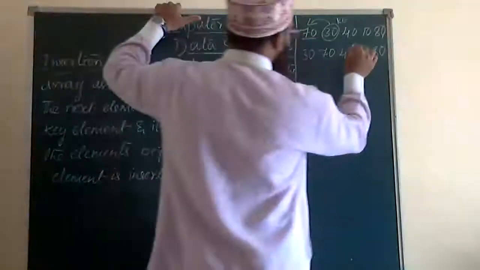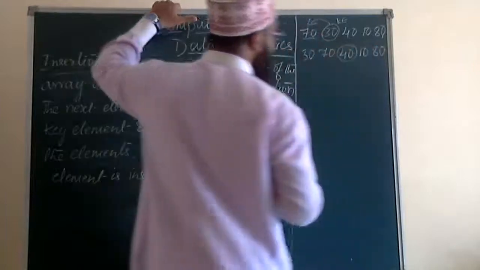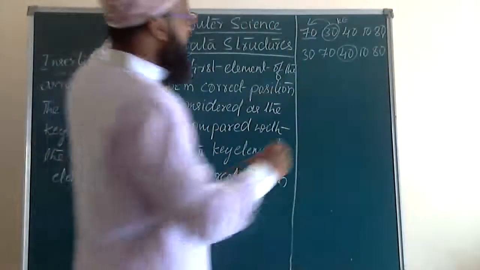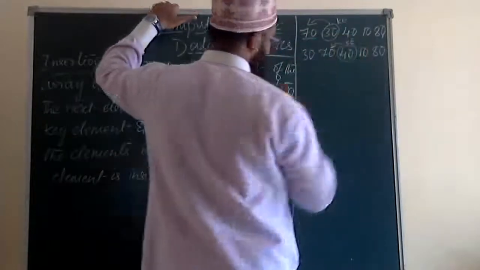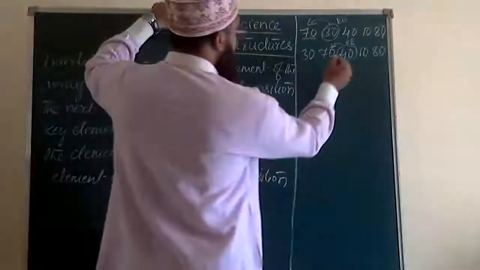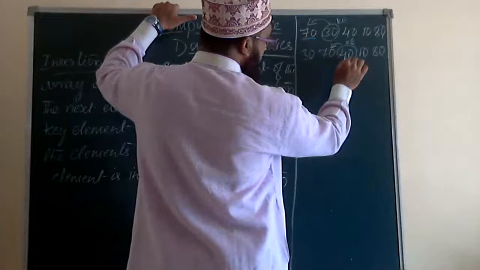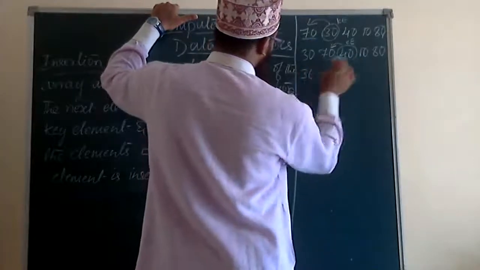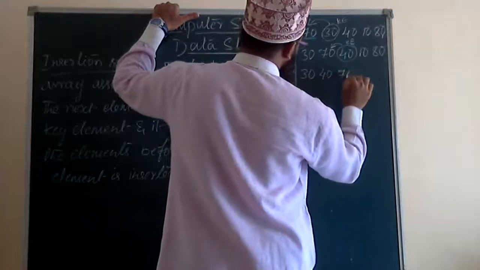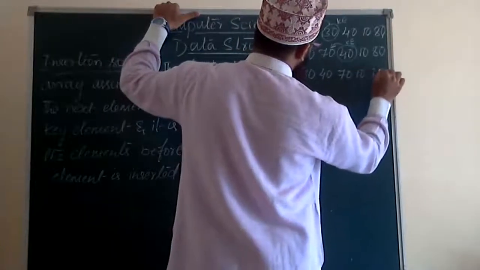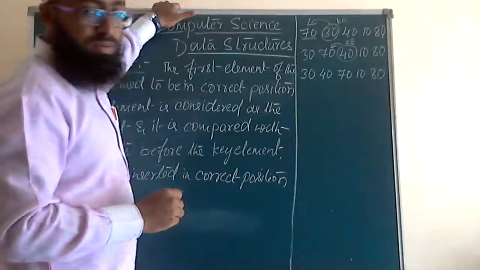Now take 40 as the key element, then compare with 70. 70 is greater than 40, so this will become like this: 40 will come forward. 30, 40, 70, 10 and 80.